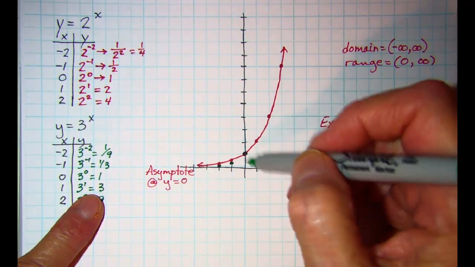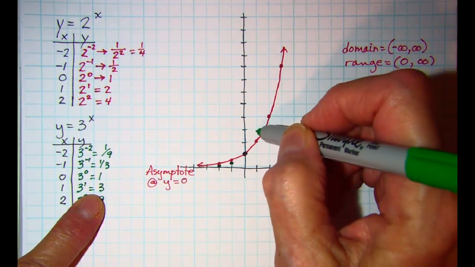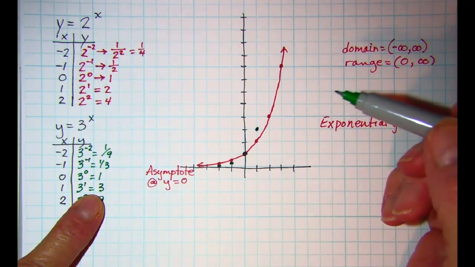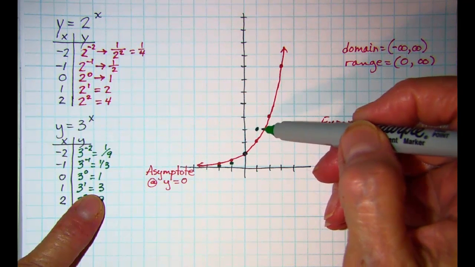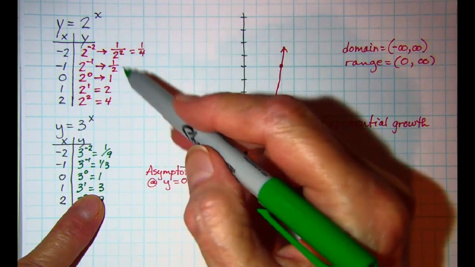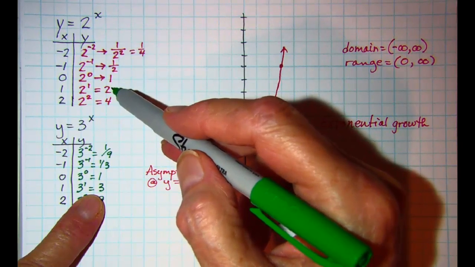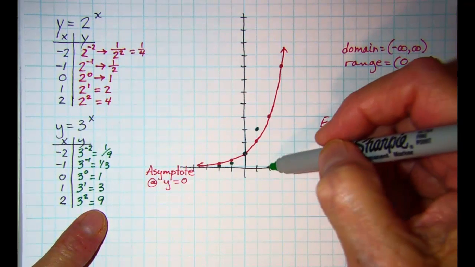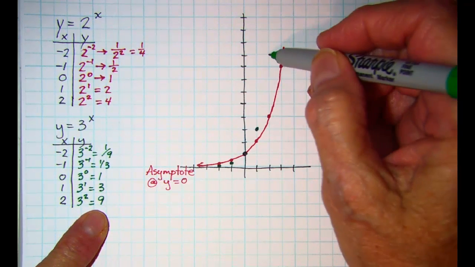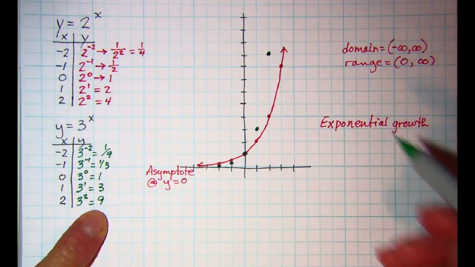When x is 1, y is 3. So this time my y value is bigger than the y value here at 2 to the x. And then when x is 2, y is 9. So that's bigger.